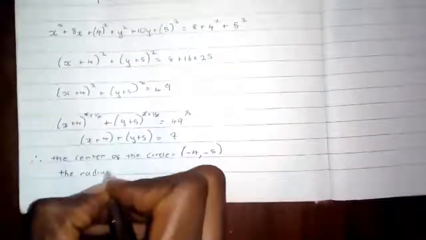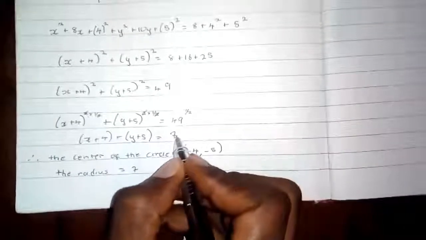So the center of the circle is (minus 4, minus 5), and the radius of the circle will be equal to 7. This will be our radius, equal to 7. That will be all for question 6a. Now let's go over to the next question, question 6b.